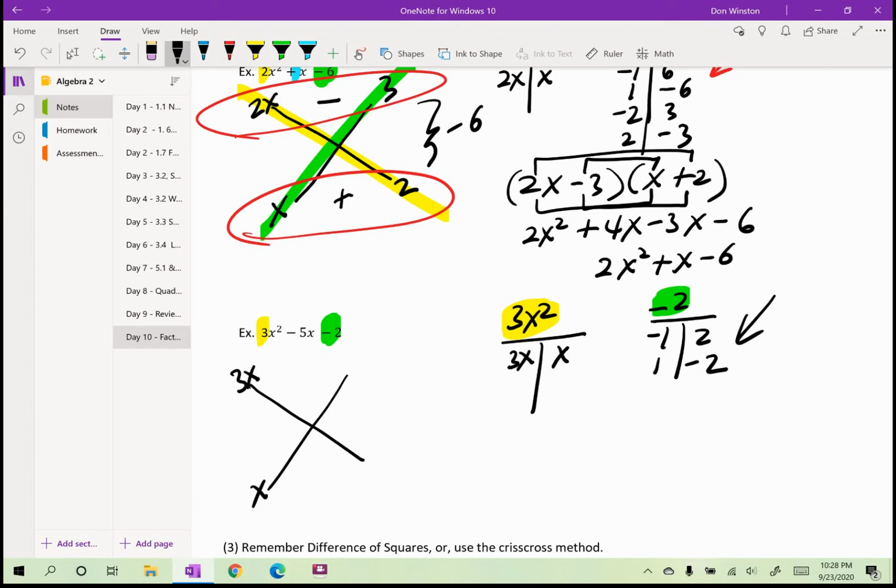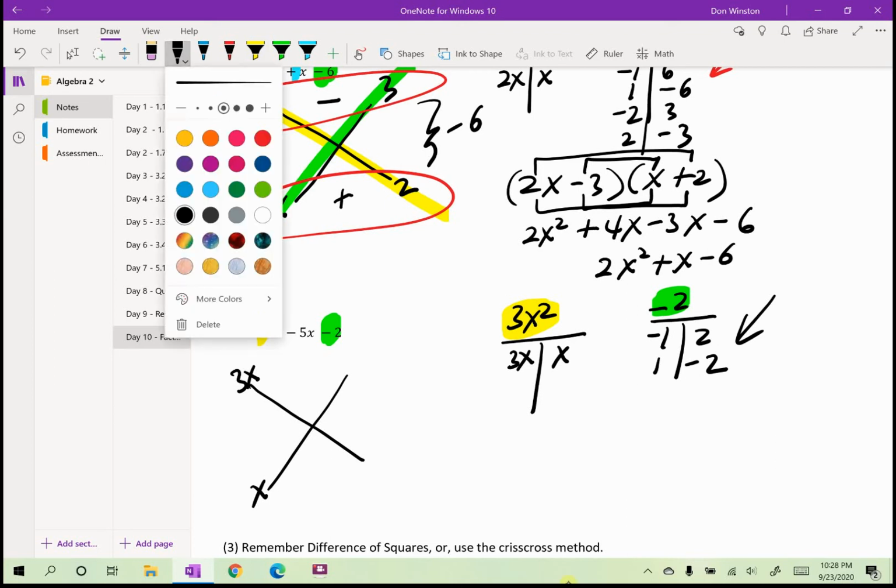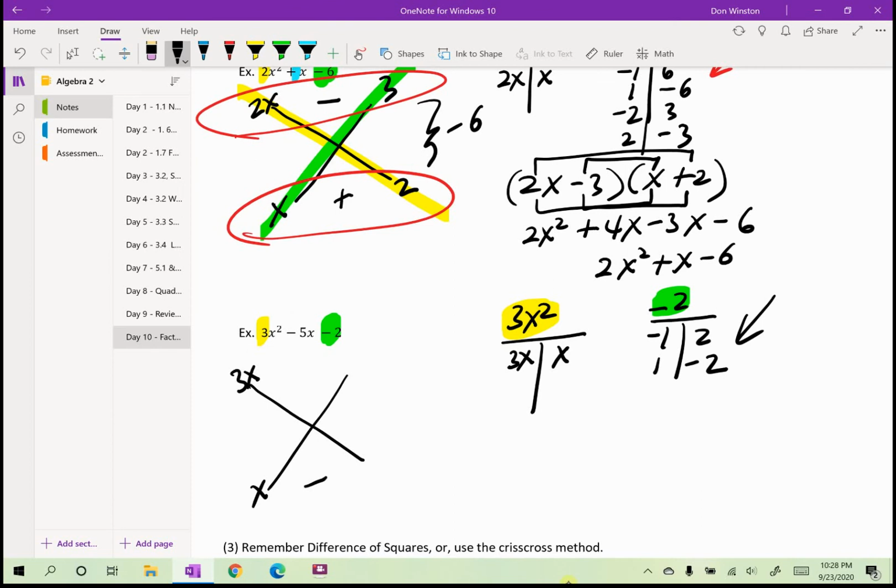I see right away that if I multiply 3x by a negative 2, that will give me negative 6x. And if I multiply x by 1, that will give me x. And negative 6x plus x will give me my negative 5x. See, I was using that pair of factors right there. So it's factored. You just read the factors across.